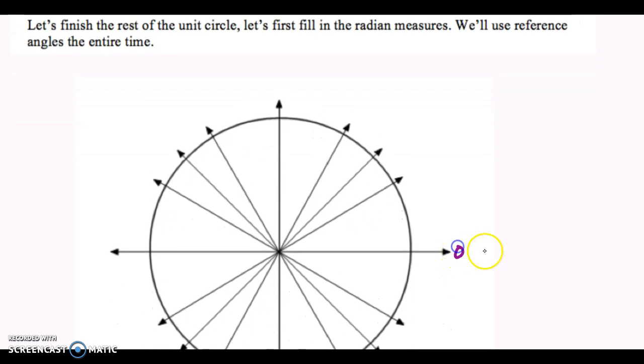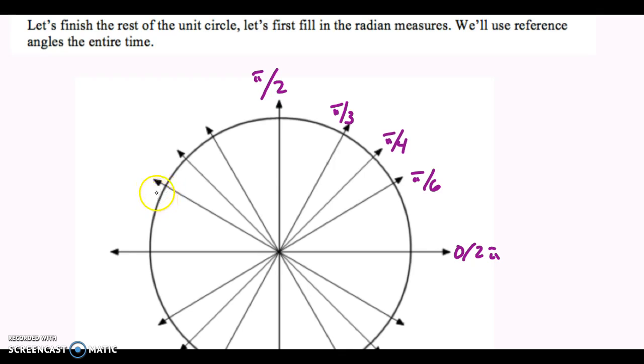We already said that this was 0 or 2 pi. We already said that this was pi over 6. We said this was pi over 4. This was pi over 3. And this was pi over 2. So how much is this one?